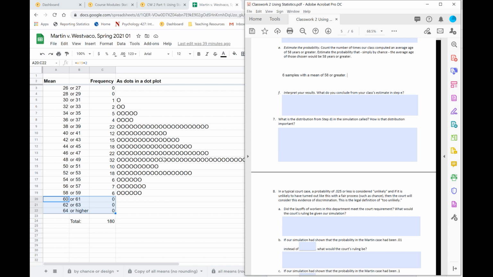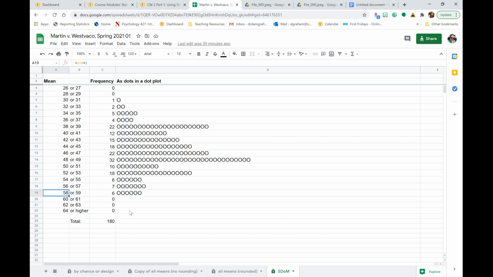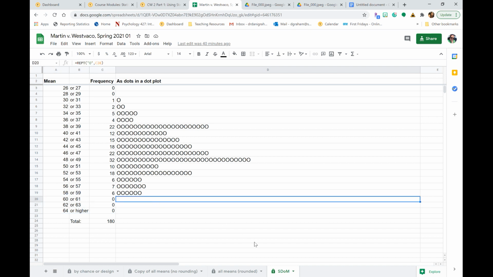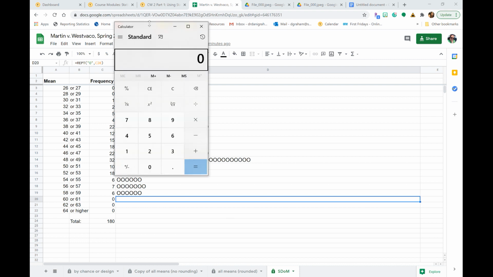So we know that this 58 or greater average for a sample occurred about 6 times out of a total of 180 simulations. That's not a super nice, easy round number to imagine in your head, like 6 out of 100. 6 out of 180 is a little harder.